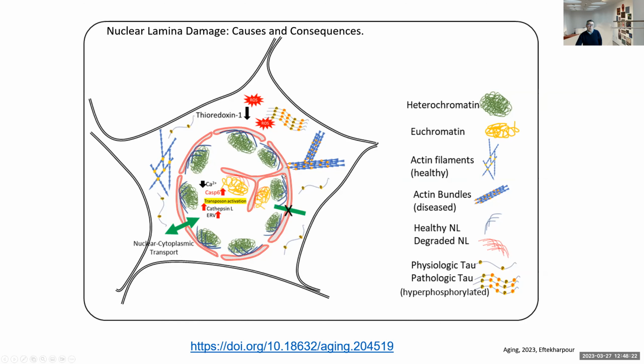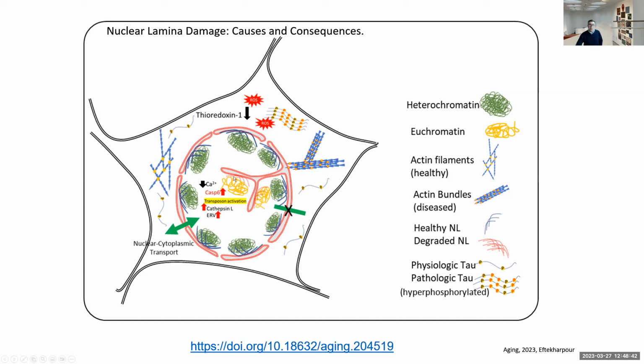The nuclear envelope starts invaginating inside the nucleus. We have damage in nuclear lamin B1. Changes in chromatin have been reported from dense chromatin to euchromatin. This could be mediated by caspase-6 and cathepsin L that we showed.